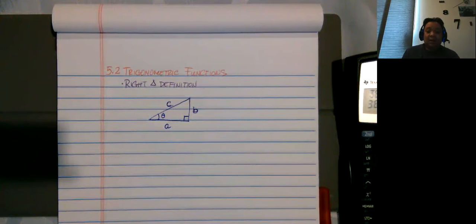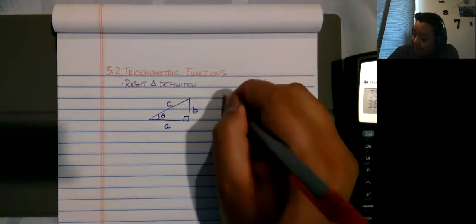Now, one of the more useful relationships that you can get from a right triangle is something that you may have picked up before you got into trig, and that is called your Pythagorean theorem.